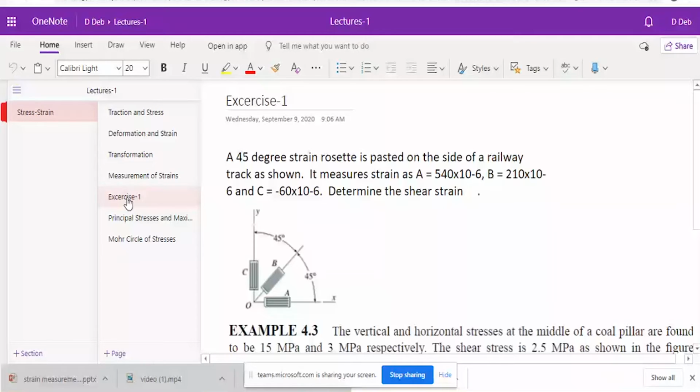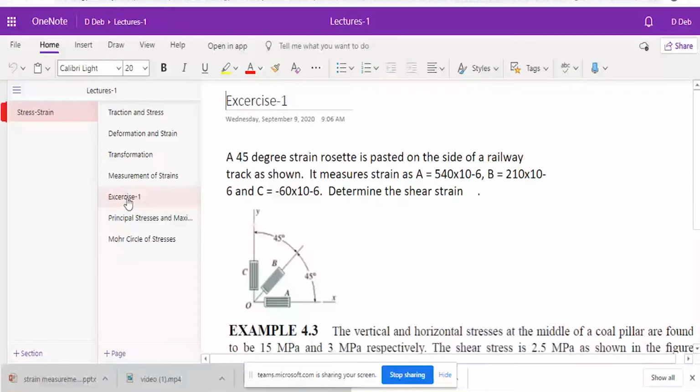Now, what it says is the first problem: a 45-degree strain rosette is pasted on the side of a railway track. When a rail is passing through, we are going to measure the strain in three directions.